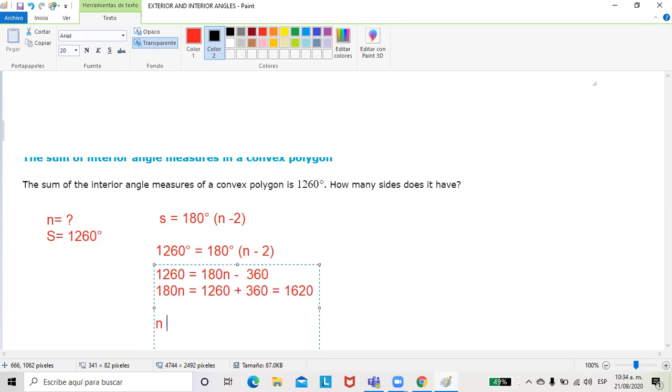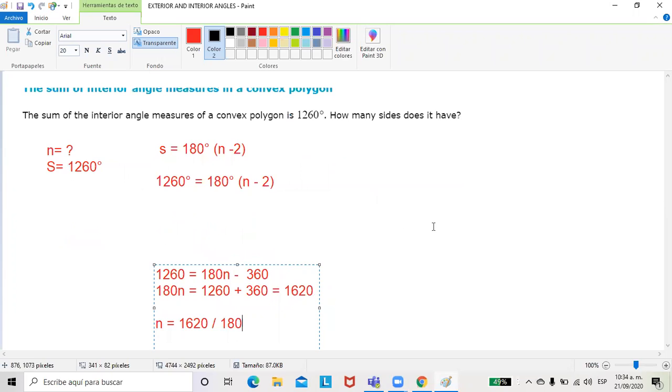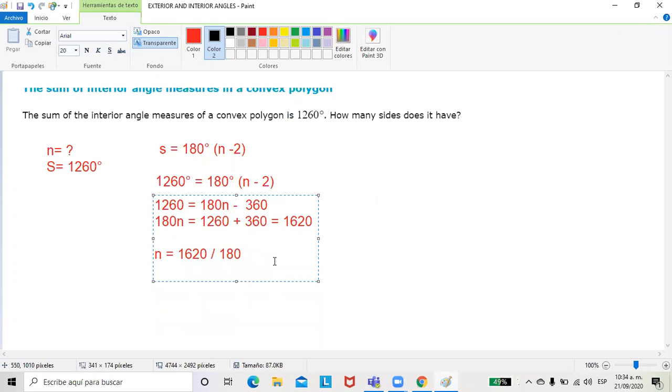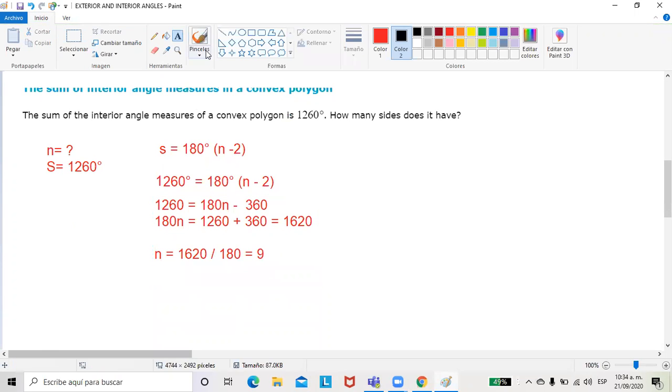Now we have that n is equal to this over 180. How much is it? 9. Okay, so the answer here is 9.